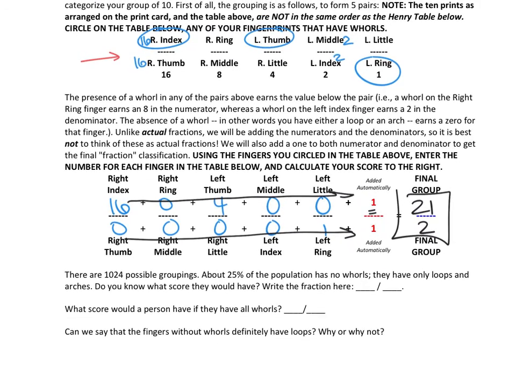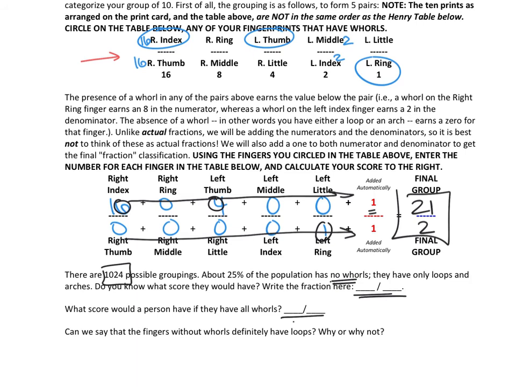So I said it puts people into groups, but you could have a variety of Henry numbers. There are actually 1,024 possible groupings. 25% of the population has no whorls. So think about it: if you have no whorls, you're adding zeros all the way up here. What would be your final fraction?